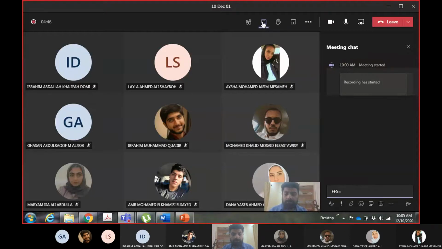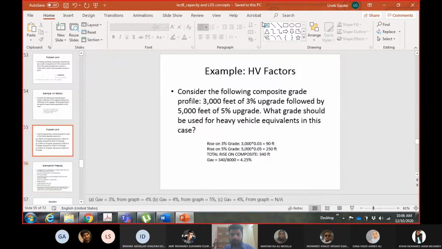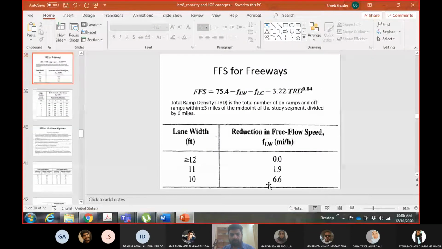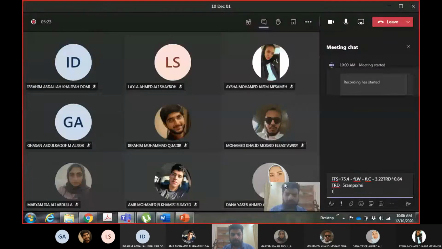So free flow speed is this one, FFS. Let us find out the TRD, which is given as 5 ramps per mile. Now you have to find out FLW and FLC. Lane width is 10 feet. For 10 feet lane width, the reduction is 6.6 miles per hour, so FLC is 6.6 miles per hour.